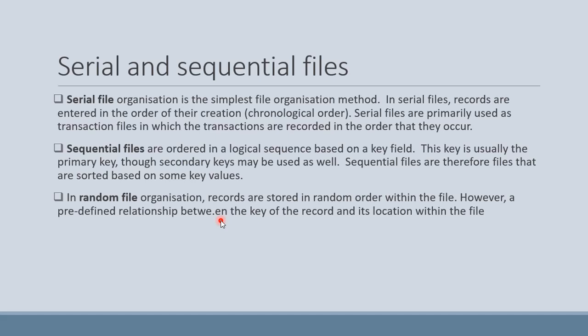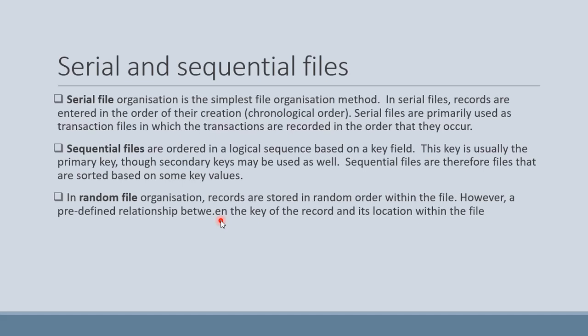So to access data from a sequential file, we should know under which key that particular data is stored. There can be many keys, primary keys and secondary keys, under which the data can be stacked and arranged neatly so that there is no mess in the data. It's already arranged very well.